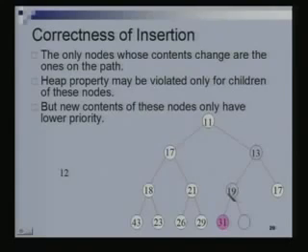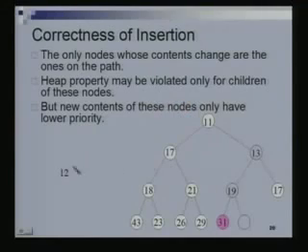The new contents of any node are only going to be either the newly inserted element or the content of the parent of that node, and the content of the parent already has a lower priority than the priority of this node.